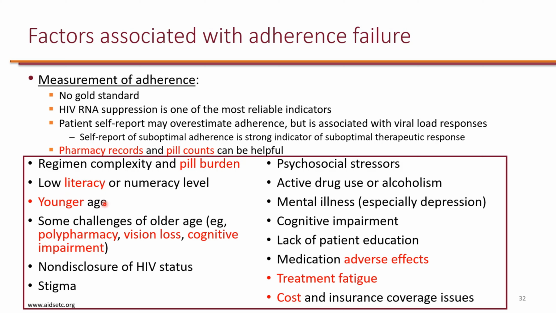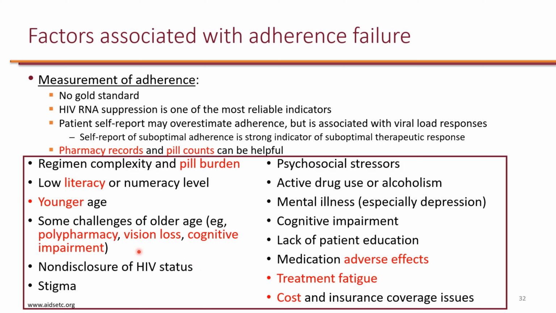Younger age is associated with adherence failure, usually because younger people are just not used to taking medication, so they may not know how to, or they may not remember to take it, whereas older people who already take drugs for hypertension, for example, are more used to it, so they have the habit of taking their medications daily. Some other challenges, especially in older patients, are polypharmacy.